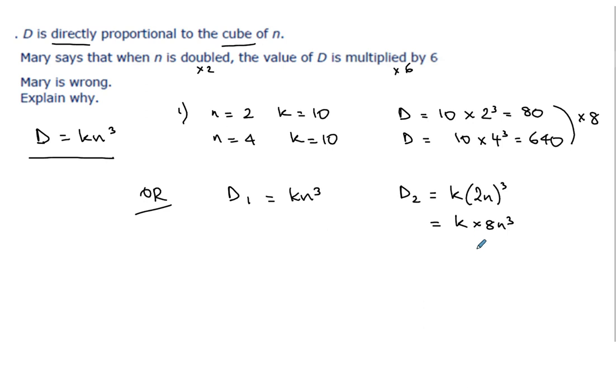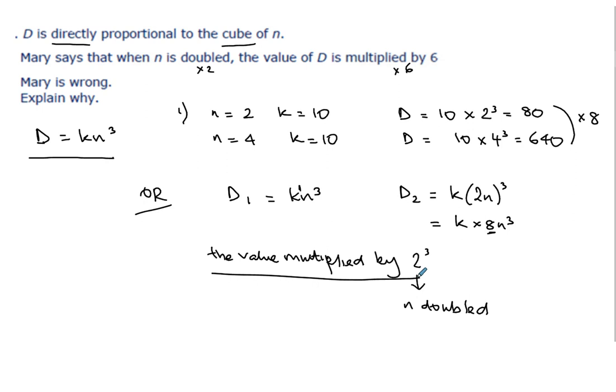So you can tell it's actually been multiplied by 8. So the value has been multiplied by 2 cubed, and 2 was the n doubled. Good. Next question.